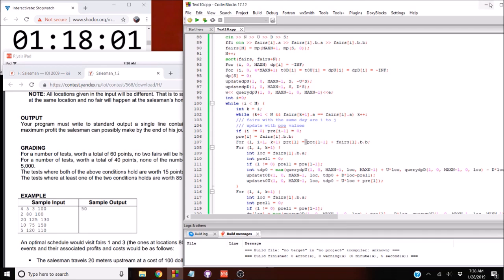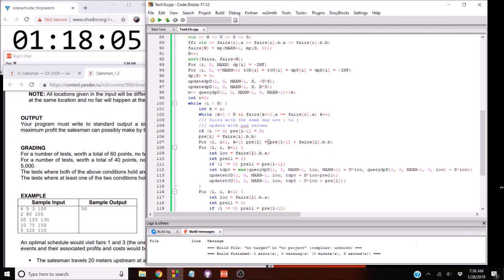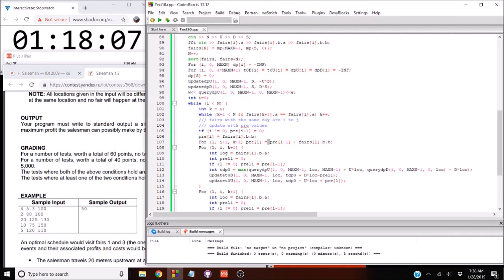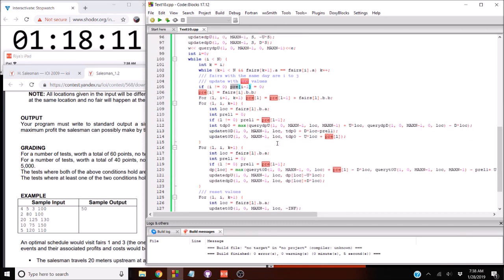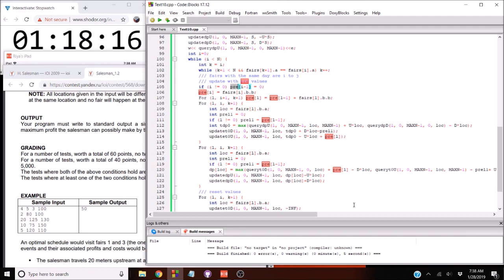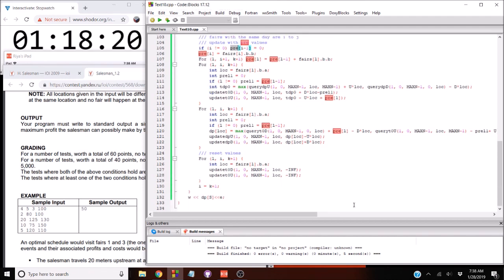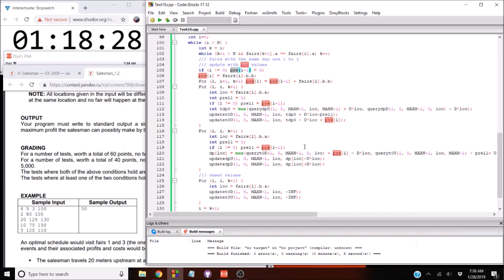Make sure everywhere I access prefix is fine, because I remember I had to change some of the indexes. Yep, they're all L minus 1, and they all should be. Should be the L or N minus 1, or L minus 1.